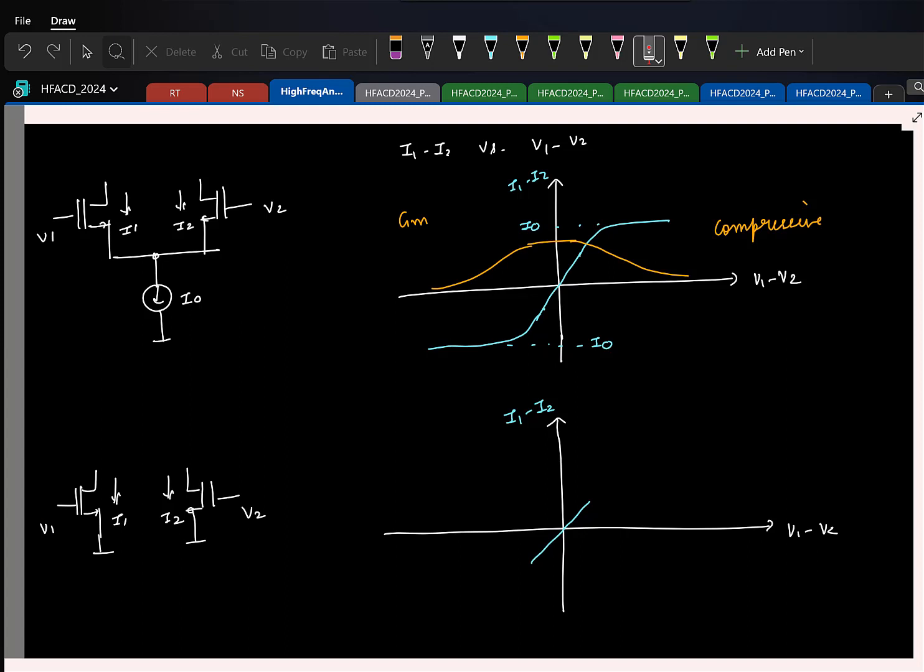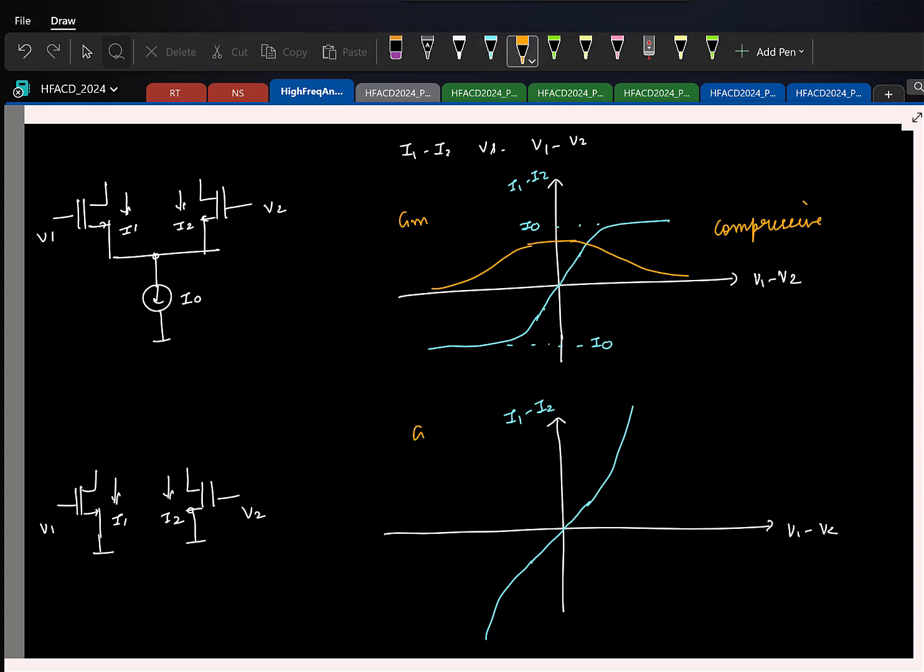That will also keep increasing, right? And after it comes out of the, within quotes, small signal region, what can you say about the relation between current and voltage? It's going to be a square law, right? So first order, square law, so it's basically something like this. Is this fine?